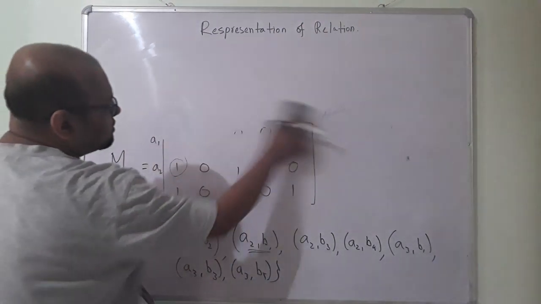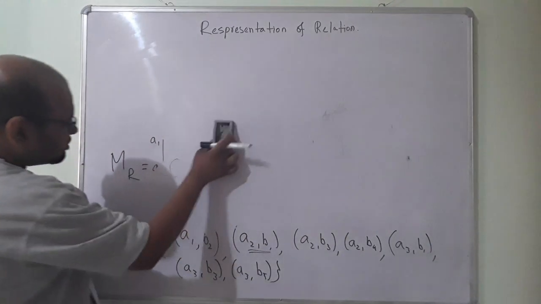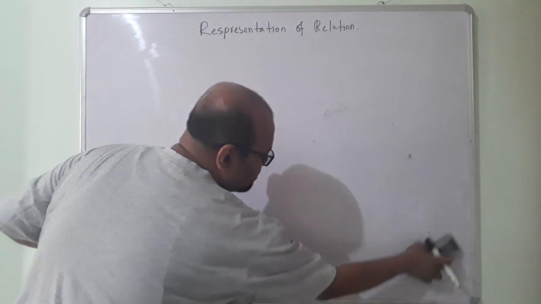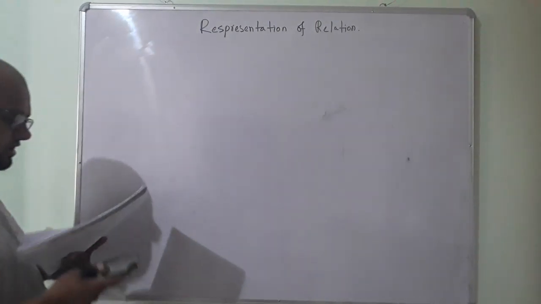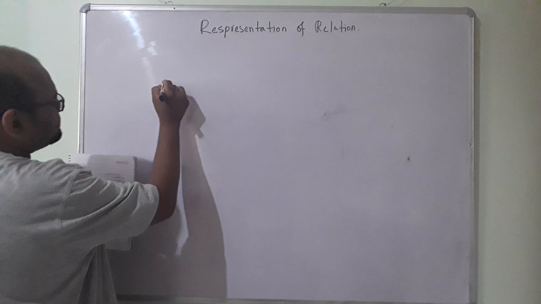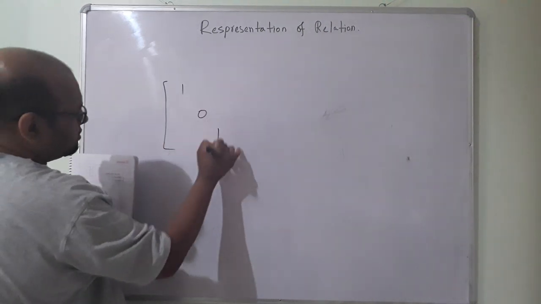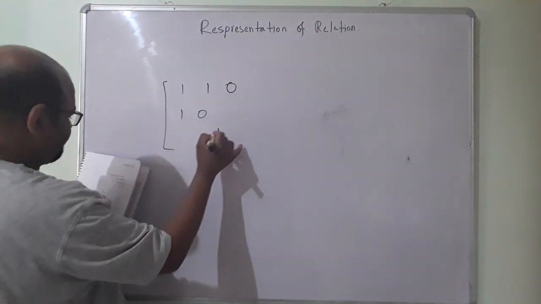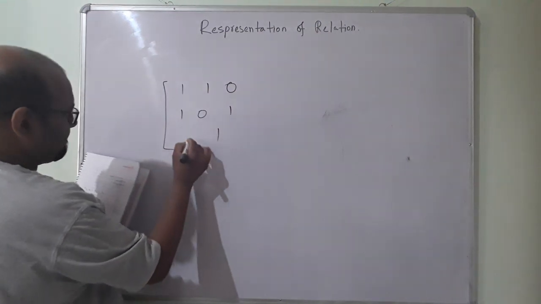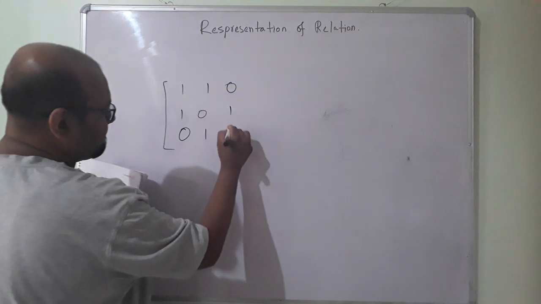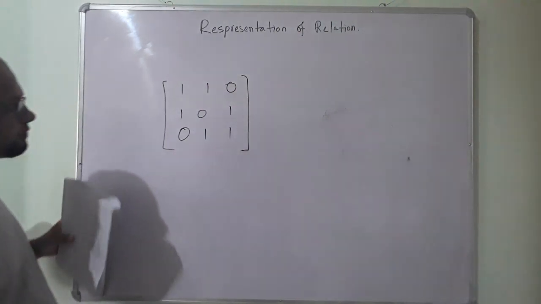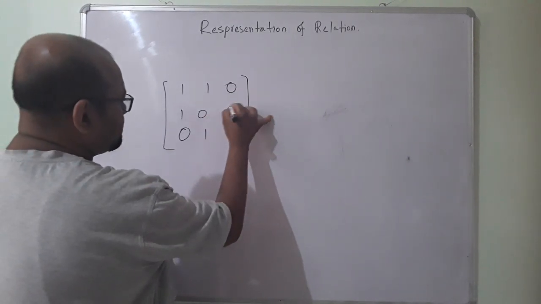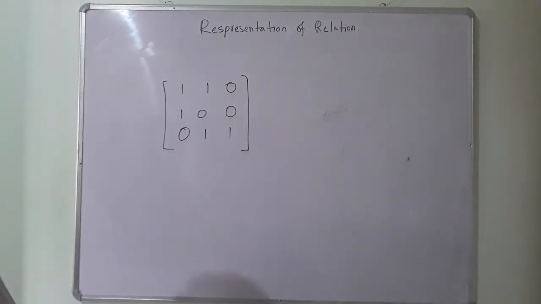Now let us look at these properties that we have: reflexive, symmetric, antisymmetric. Let us look at this relation.